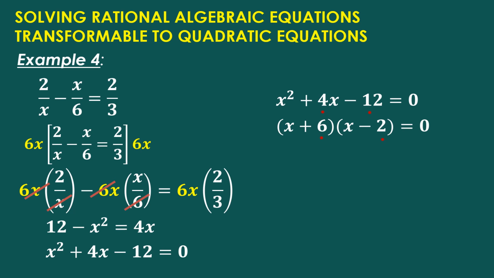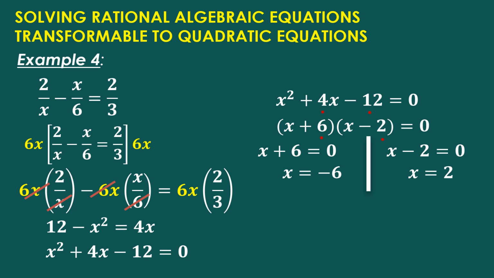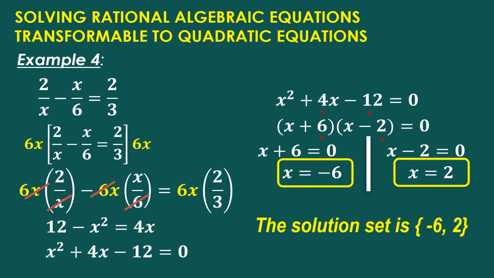Now we equate this to 0 and solve. X plus 6 equals 0, and x minus 2 equals 0. X plus 6 equals 0 will be x equals negative 6, and x minus 2 equals 0 would be x equals 2. Therefore, the solution set is negative 6, 2.